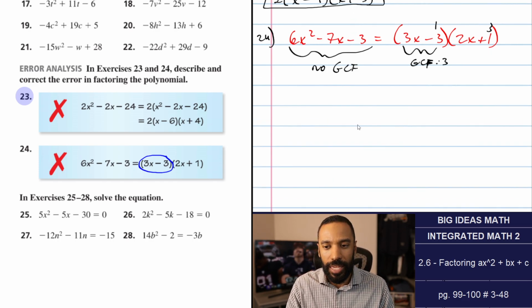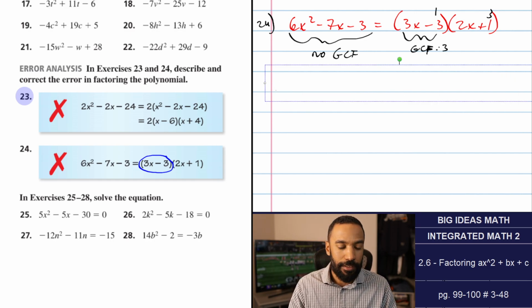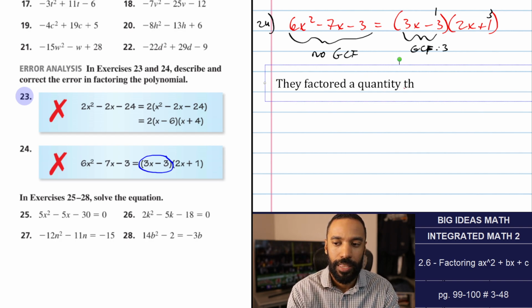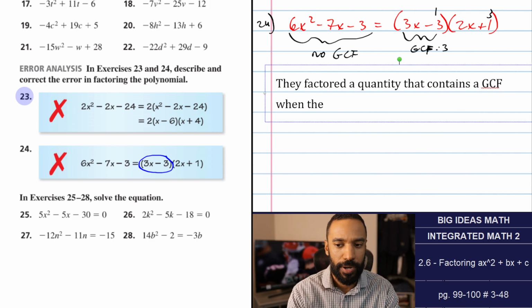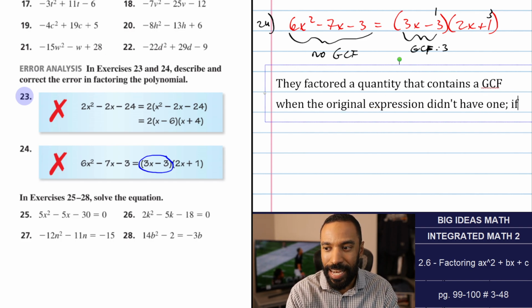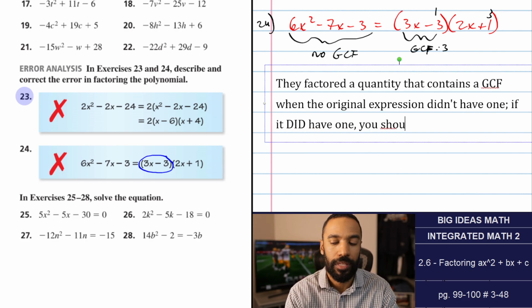So the real issue, besides the fact that it's not correct, is that they factored a quantity that contains a GCF when the original expression didn't have one. And if it did have one, you should have factored it out to begin with.